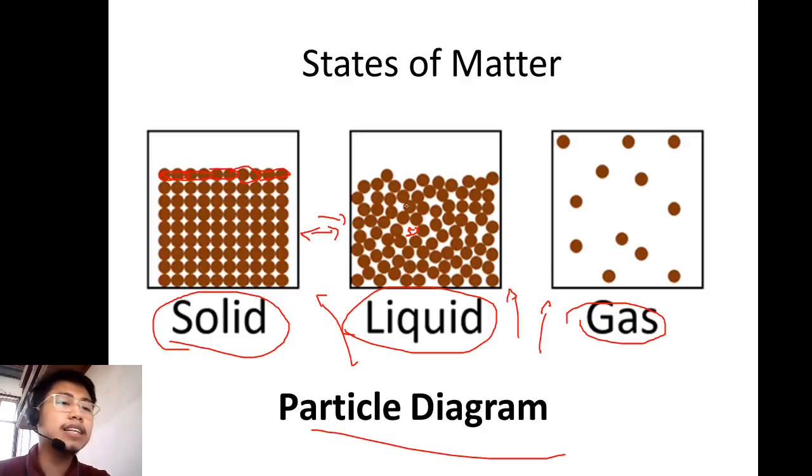Liquid you can put in a container because it can occupy the volume or the space inside a container, while gas can still occupy the space inside a container, but the difference is that its particles are too far from one another. This causes the characteristic of gas to be invisible.